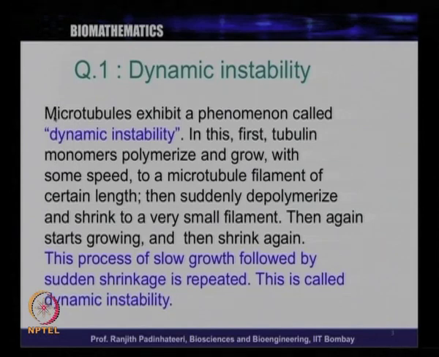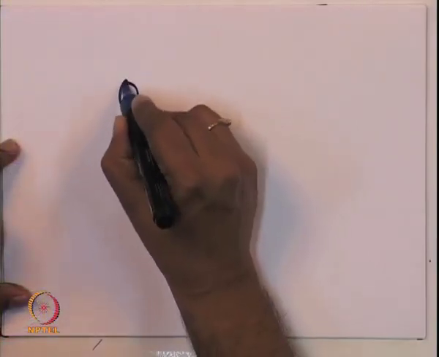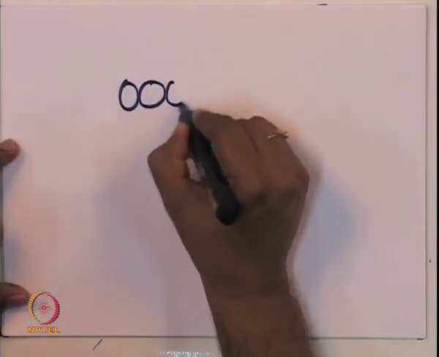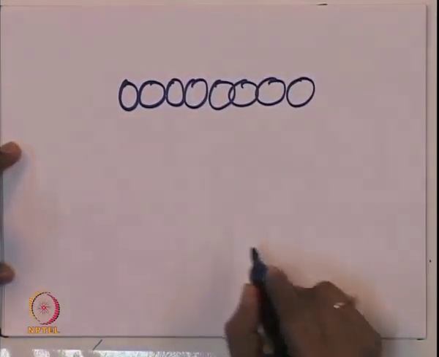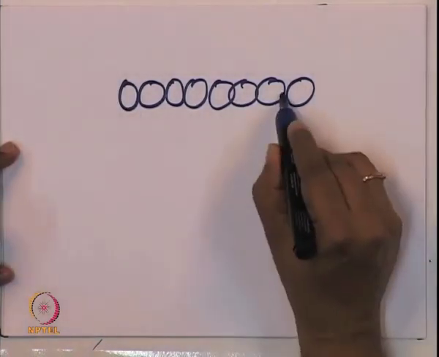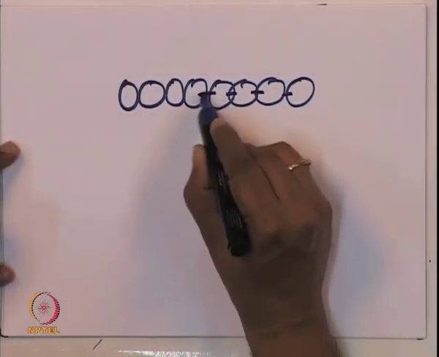Imagine that this kind of a pen is made of many subunits, and I would just draw the picture here. You could imagine many subunits joining together to form a filament, which has connections like this.